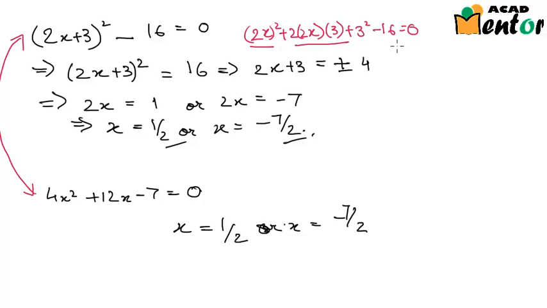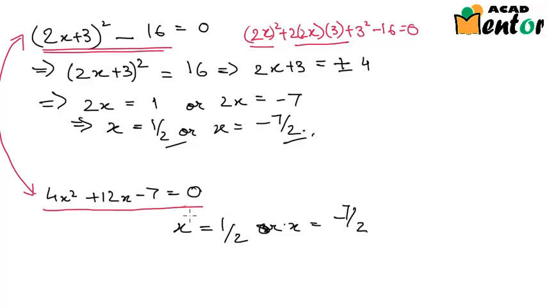This would be plus 9 and minus 16, or minus 7. That is the same equation as this. So if we are given such an equation, we don't always need to go by splitting the middle term method. We can always convert any equation in this form, and it's so simple to solve that it doesn't take much time.